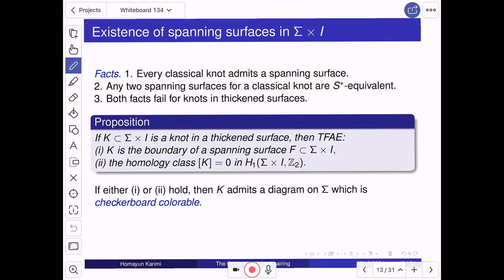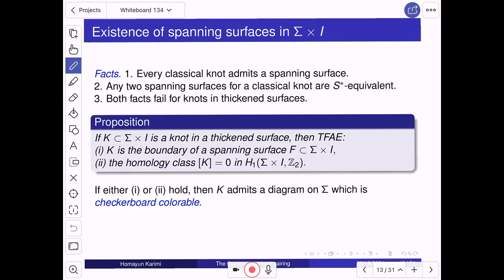So the proposition that we have here is that if you start with a knot K in a thickened surface sigma cross I, then the following are equivalent. K is the boundary of a spanning surface F if and only if the homology class of K vanishes in the first homology of sigma cross I with Z2 coefficients.